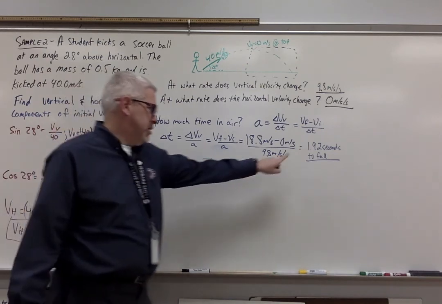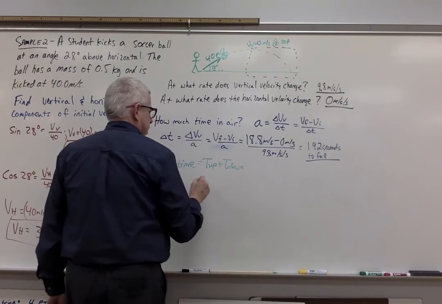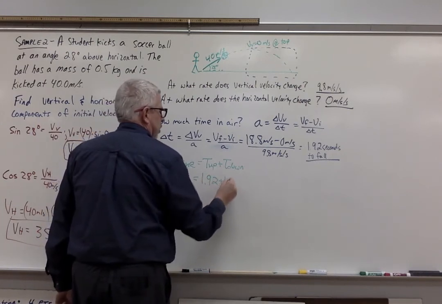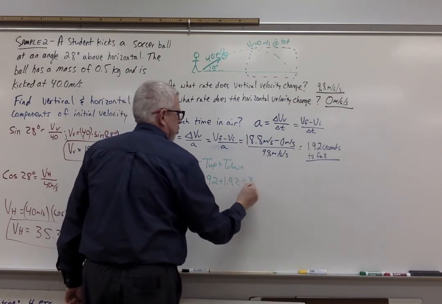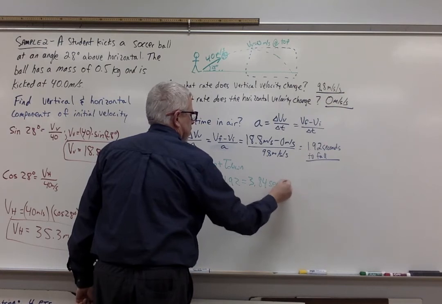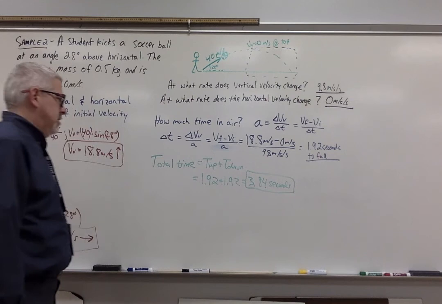Well, that's going to be twice this, because if it's landing at the same height, we've got symmetry in the problem. So that's going to equal 1.92 plus 1.92, which is 3.84 seconds. And that's it.